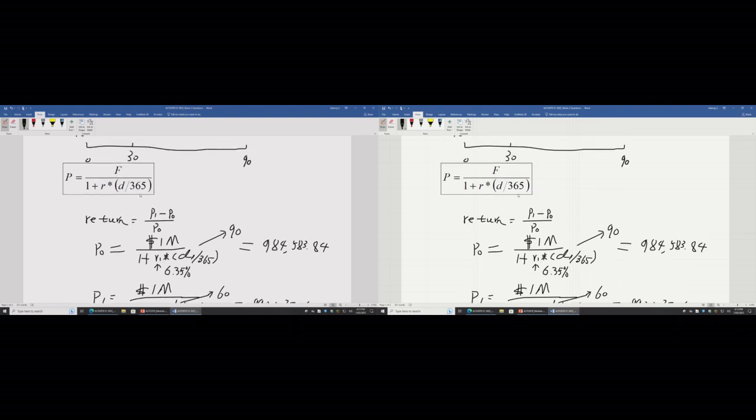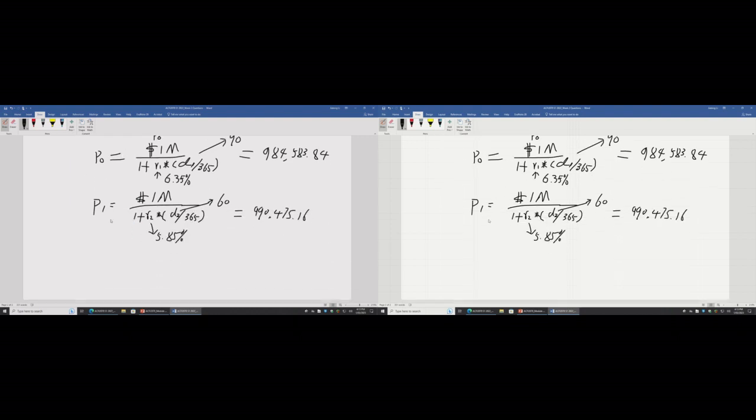What could be the price of this bond just 1 hour before the maturity? It will be very close to face value. Okay, it will be very close to face value. All right, because you only get the interest for that 1 hour.